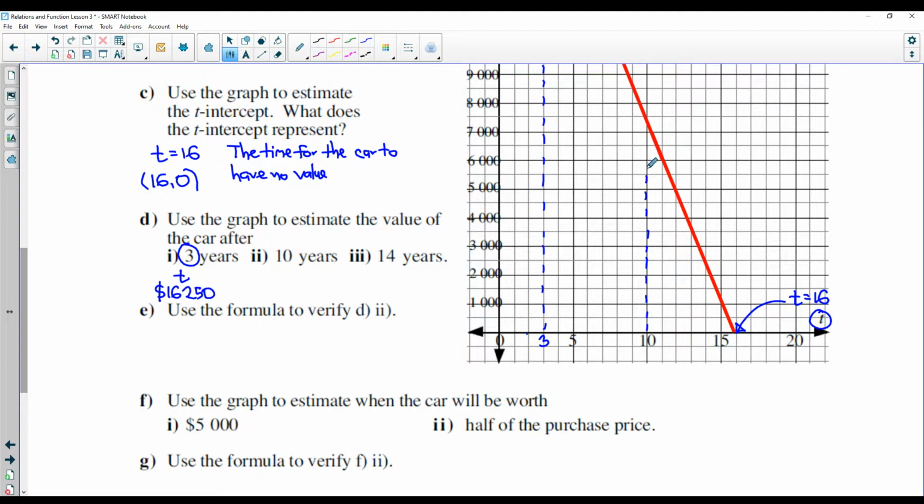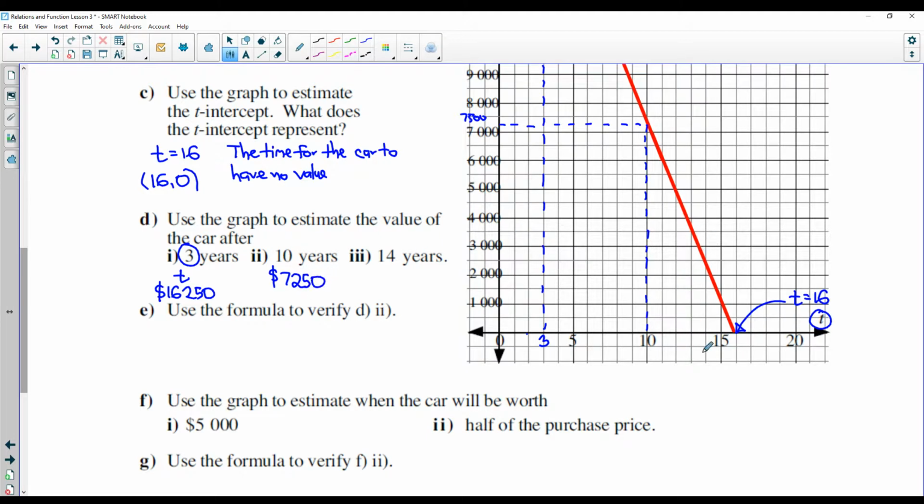Now we're extrapolating because we're outside of our data point range. It goes across here. This would be 7,500, so it looks like we're between 7,000 and 7,500. Therefore, the value of the car at 10 years looks like 7,250.